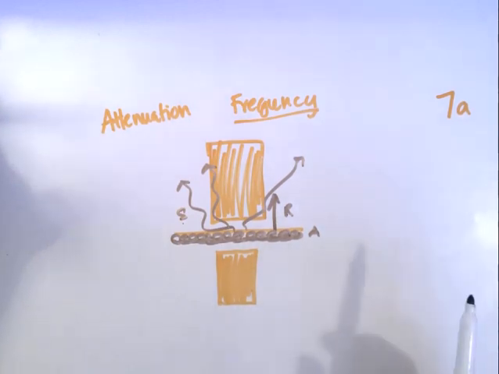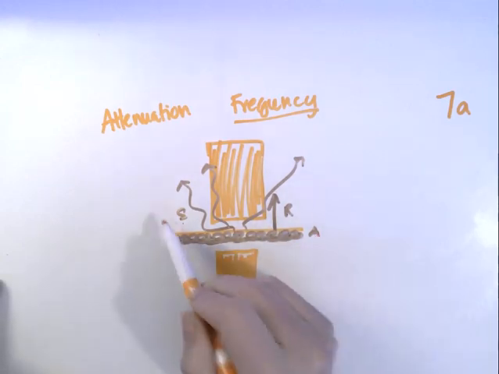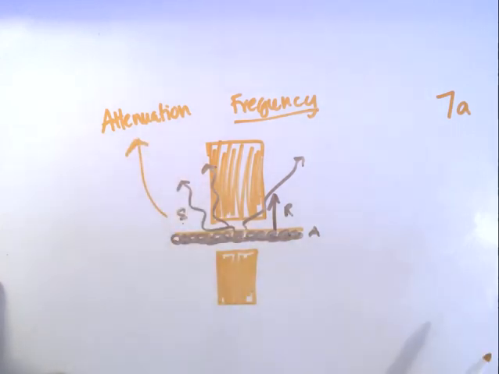We see that a lot behind bones and things that cause shadowing in our images. And so scattering, reflection, absorption all cause attenuation. And the attenuation is just the weakening of the sound beam. So these 3 things weaken the sound beam, which is that attenuation.